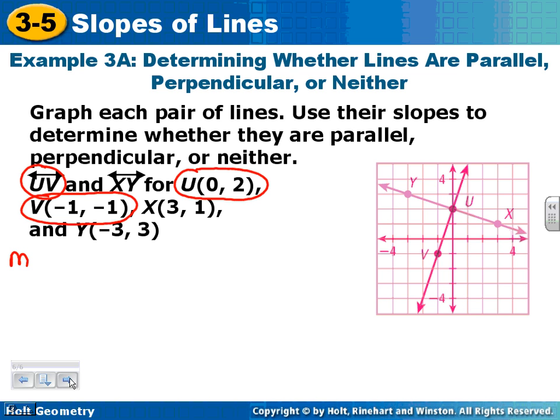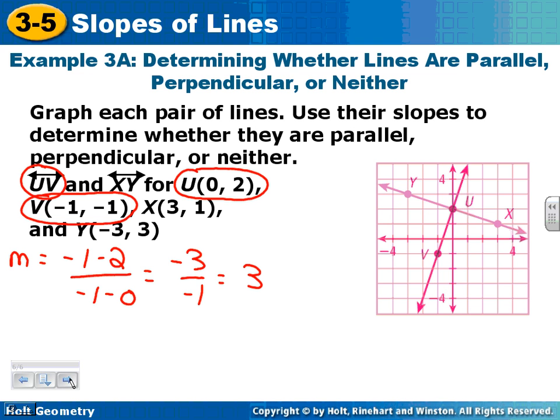So the slope of UV would be y minus y over x minus x. That would be -3 over -1, which is +3. So the slope of UV is 3.